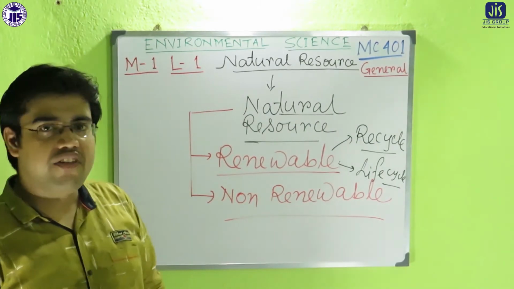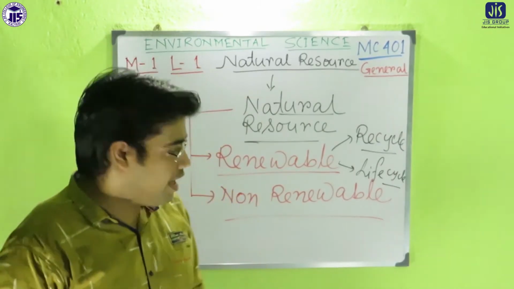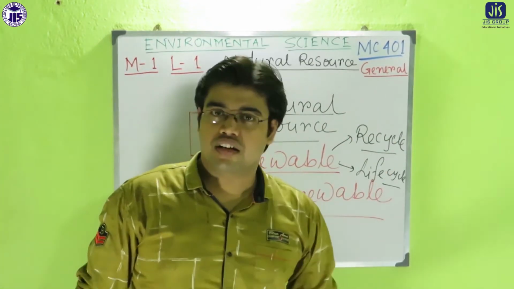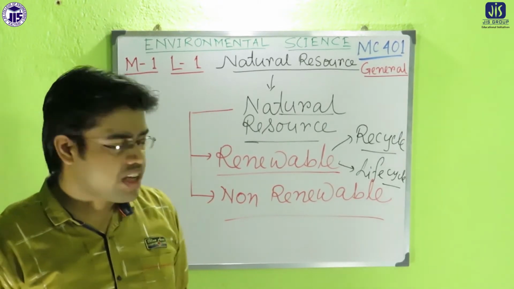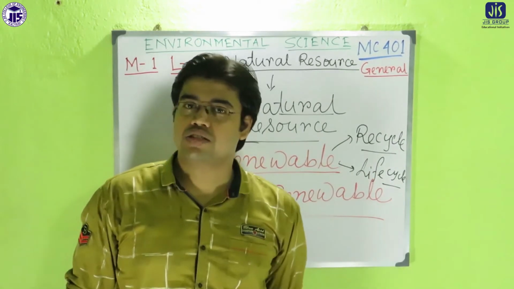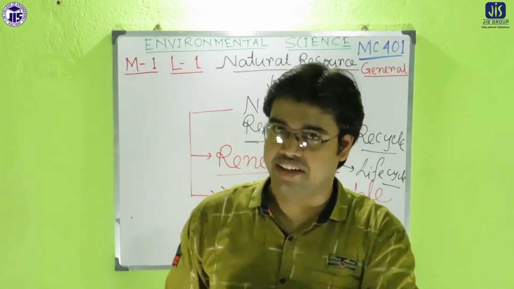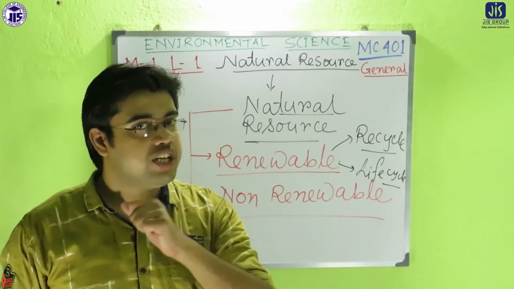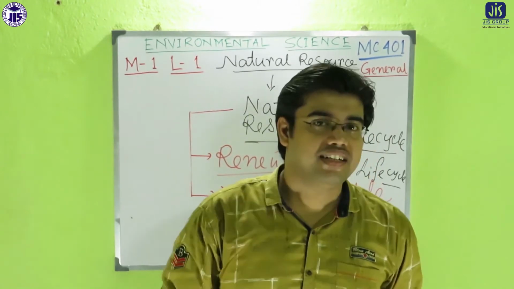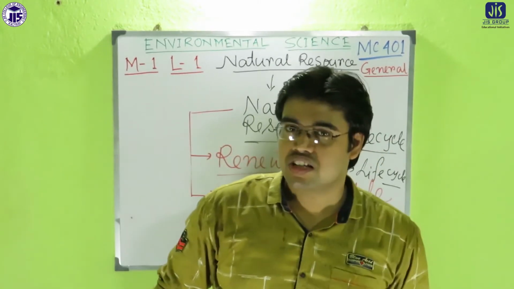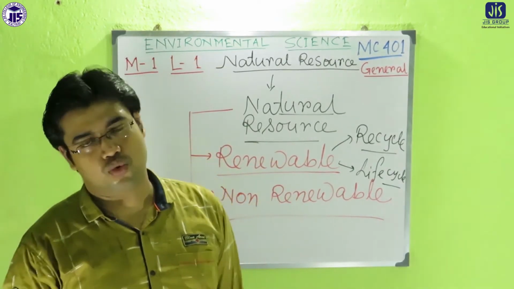So mainly a renewable resource means which will be renewed from time to time. If it is recycled, for example water resource, that will be recycled from time to time. Another way, if it has such kind of life cycle, for example the plant, so plant has a particular life cycle, but when one plant dies, another plant is born. So in that way, it is also in the category of renewable resource.